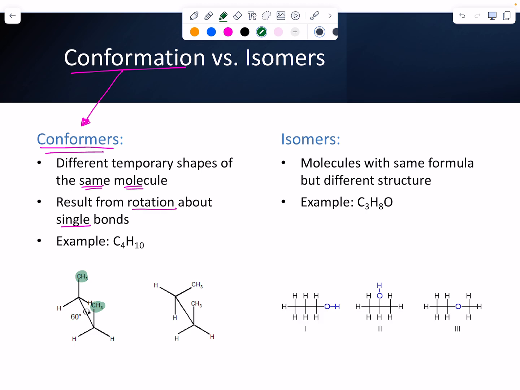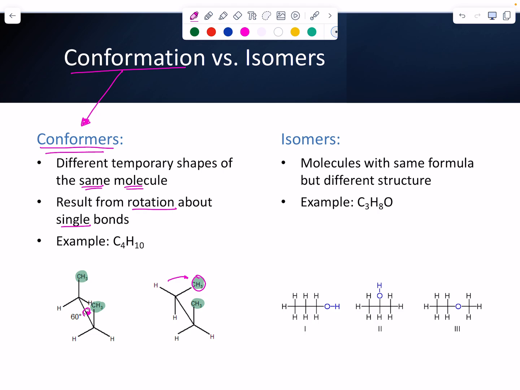Because this is a single bond, I can rotate around it, so it's like I have one thing at the end that I'm just spinning. When I do that, the position of this CH3 right here changes, and that can just happen with temperature as things move.